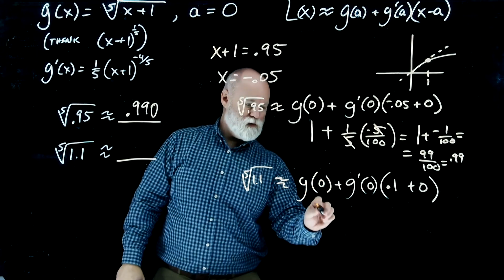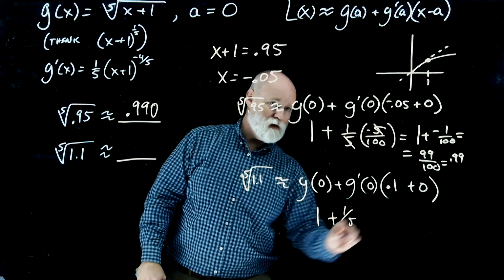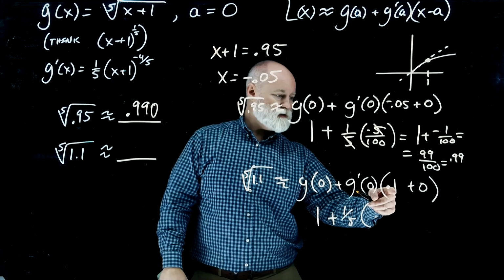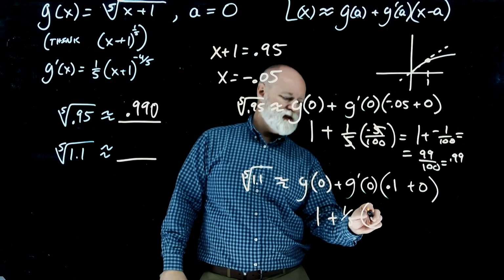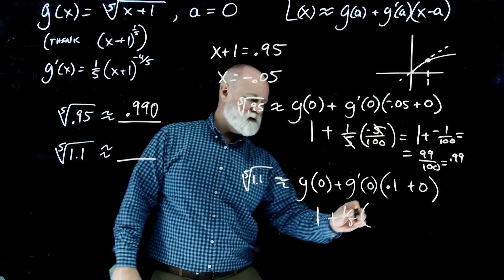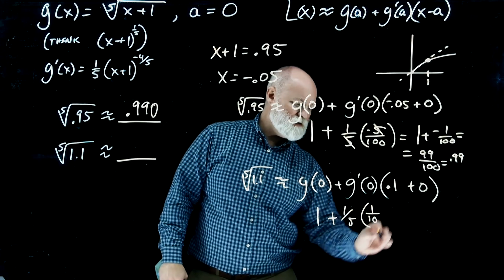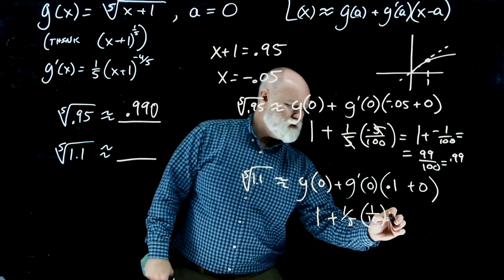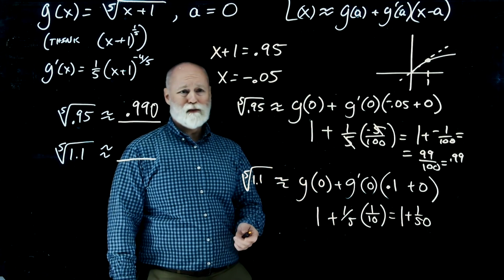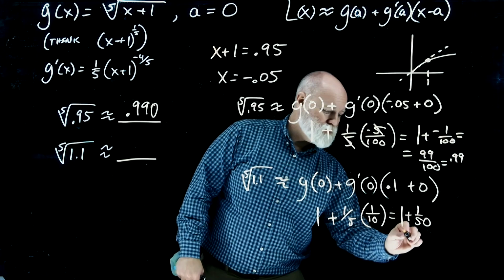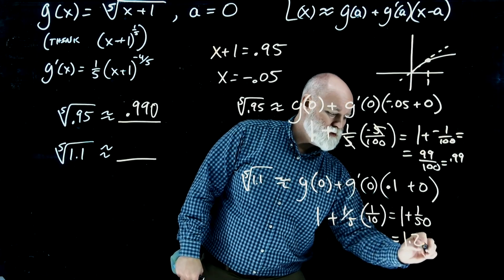So once again, we get 1 plus that 1/5 again, right? And then this time, 0.1 plus 0 is just 0.1. Again, I'm going to write this as a fraction since I already have a fraction there. So that's 1 over 10, right? So this is 1 plus 1/50th. 1/50 is 0.02. So we're saying that this is 1.02.